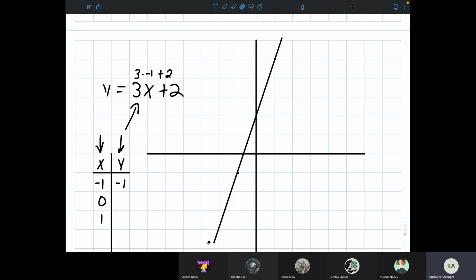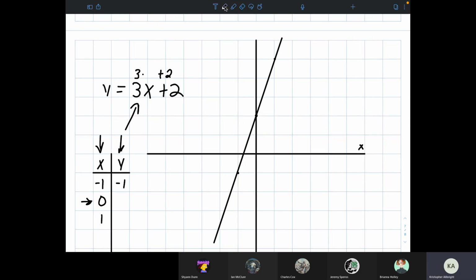Okay, so now let's do 0. And what we're doing is we're saying, okay, on this x part of the graph, when x is 0, what is y going to be? So how far up are we going to be? So if we look at what we've already graphed, we expect this is going to be 2. So let's plug it in.